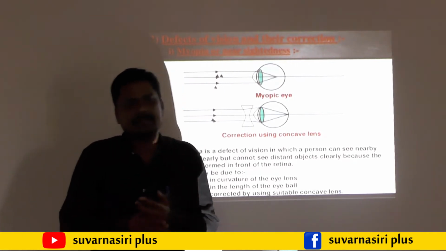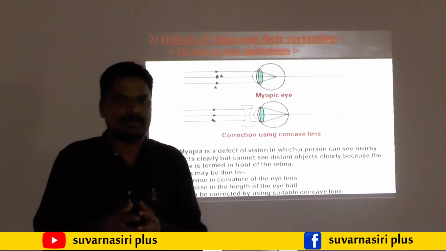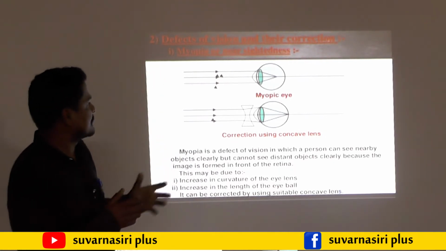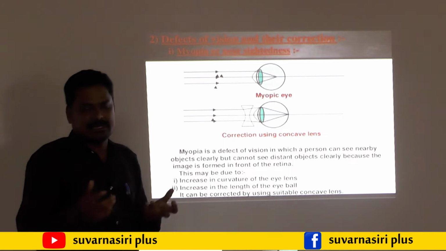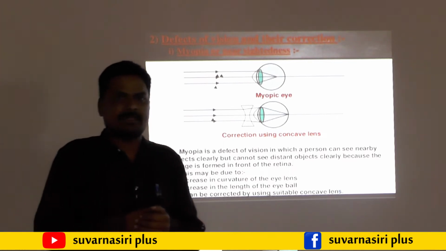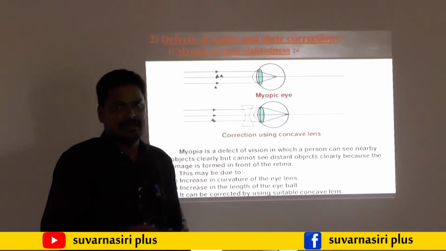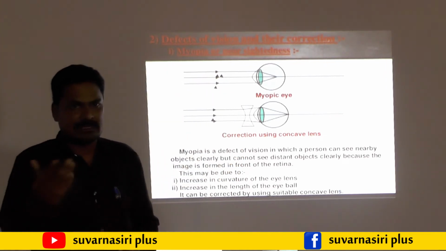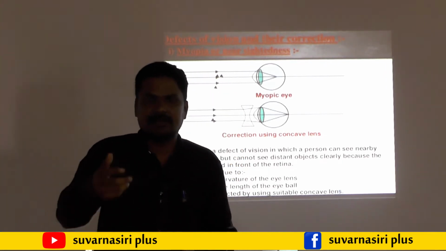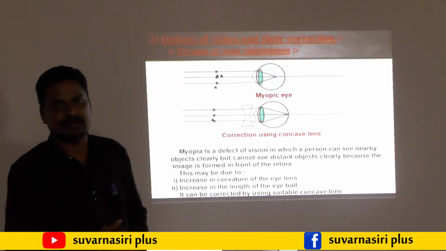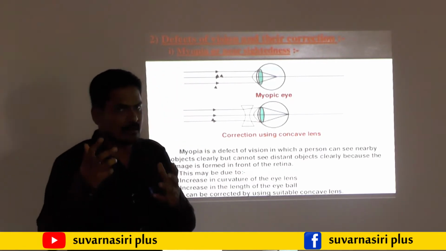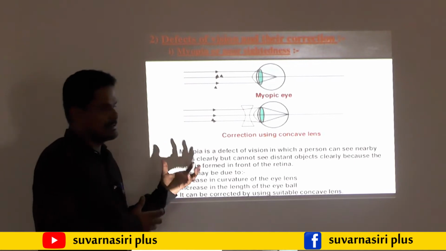In the 10th examination, questions are asked, for example: draw the myopic eye, draw the diagram of correction of myopic eye, what is myopia, what are the causes of myopia, and how you should correct myopia. All these things they ask in the examination.